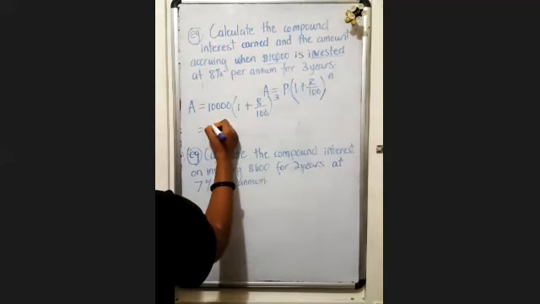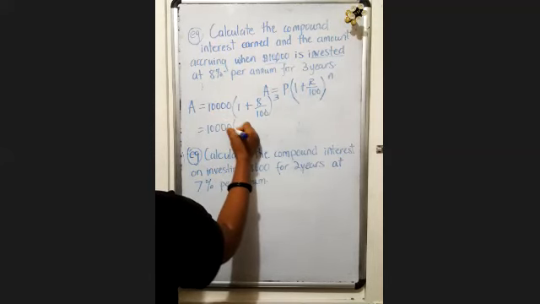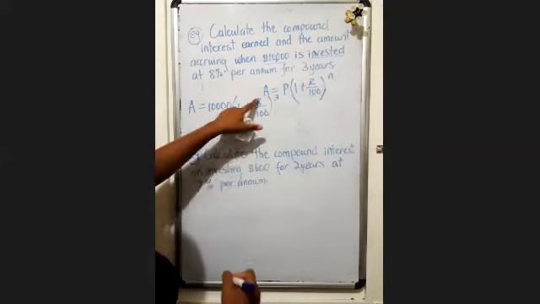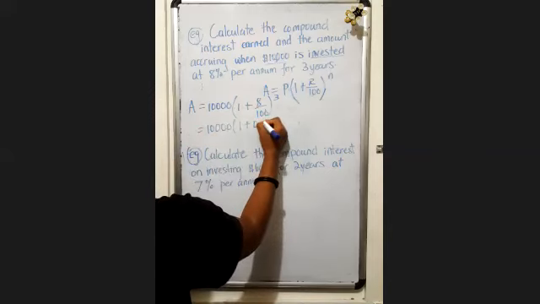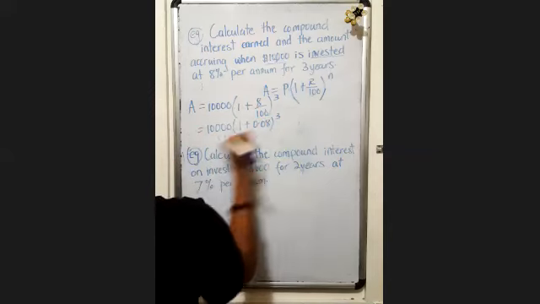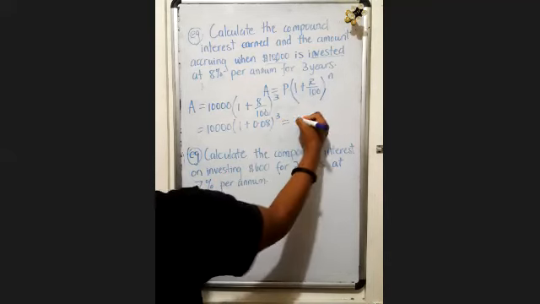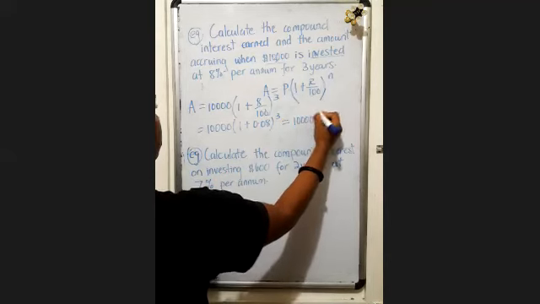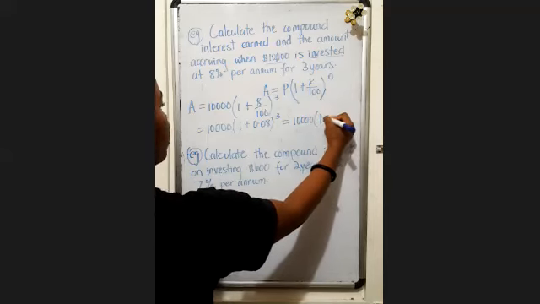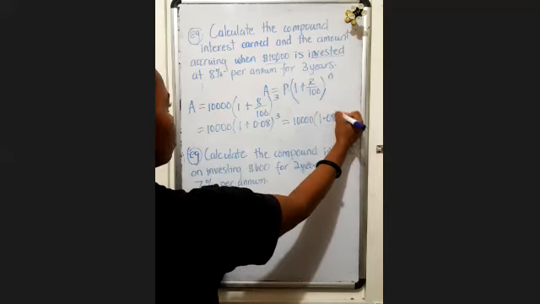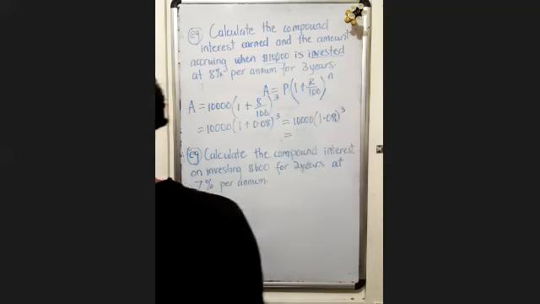So we grab our calculators and we work this out. 1 plus 8 over 100 would be 1.08, all raised to 3, which would now be 10,000 by 1.08 raised to 3.